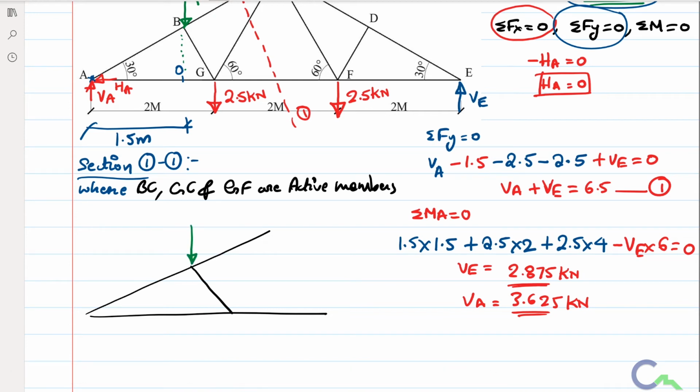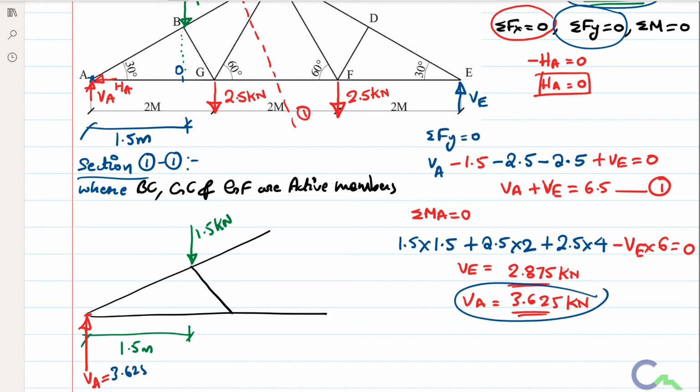So 1.5 kilonewton is acting at a distance of 1.5 meter. Then we have two support reaction. One is VA, vertical A. We calculated that value in the previous step, that is 3.625.